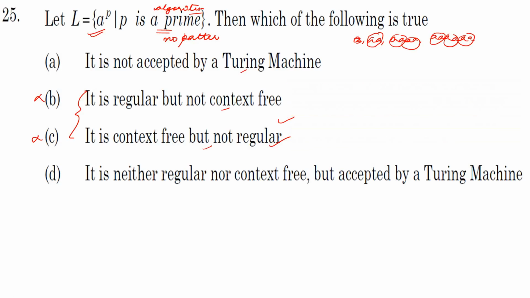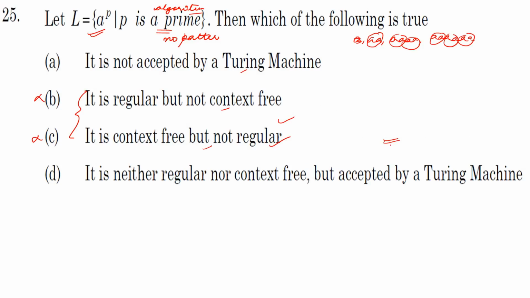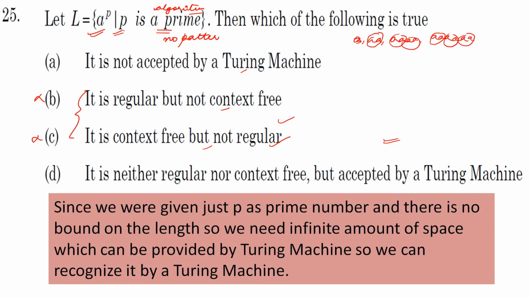Whenever there is an algorithm to solve a problem, if we can write a program for it, then there must exist a Turing machine for that problem. Here we have no bound for the prime. We have said p is prime, we have not set any bound, and there is no bound on the length, so we need an infinite amount of space. So a Turing machine can be used to recognize it.